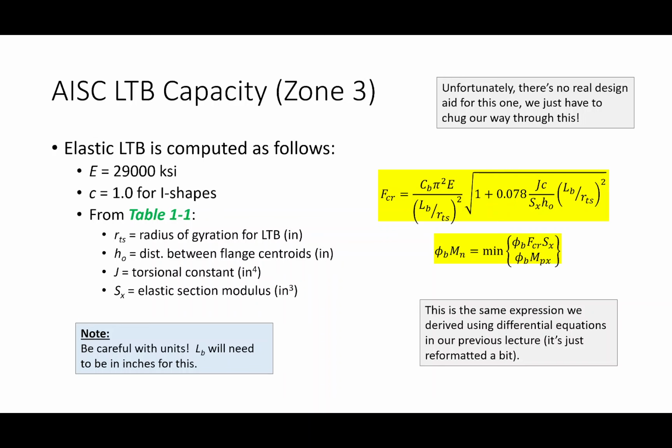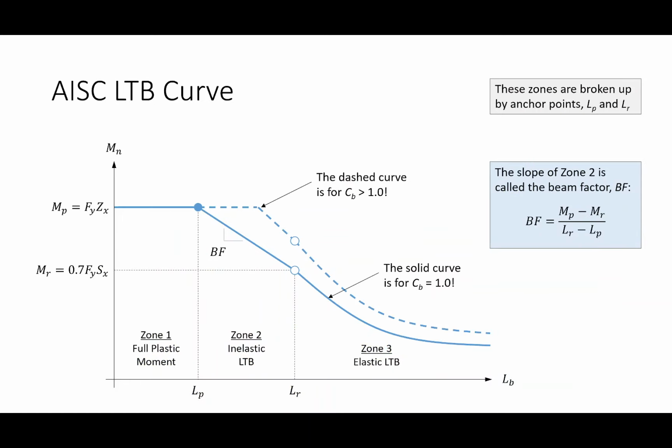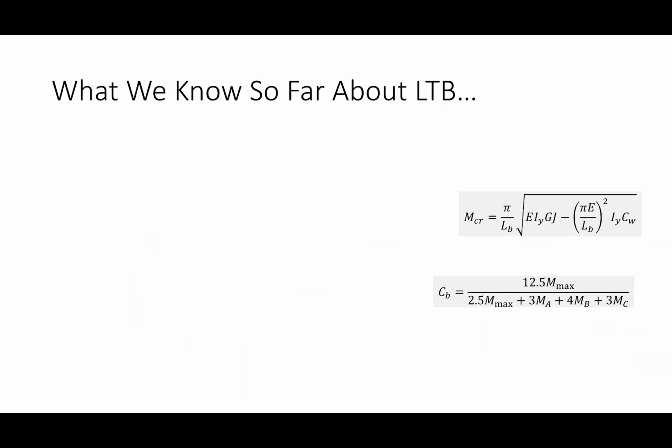Number one, this is the same thing that we derived. It's actually the same expression that we derived in the differential equation, but if you go back a few slides, to this, they don't look the same. They look different.